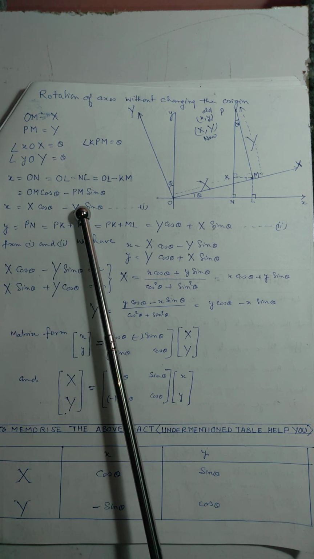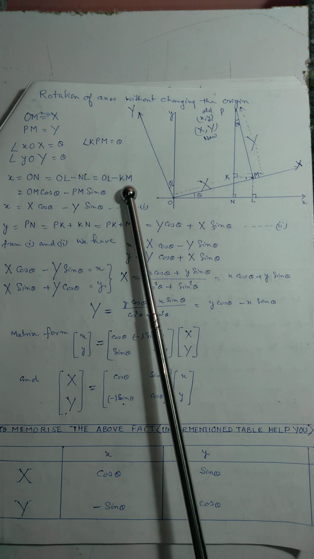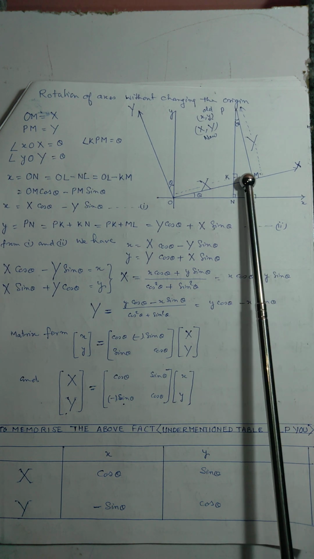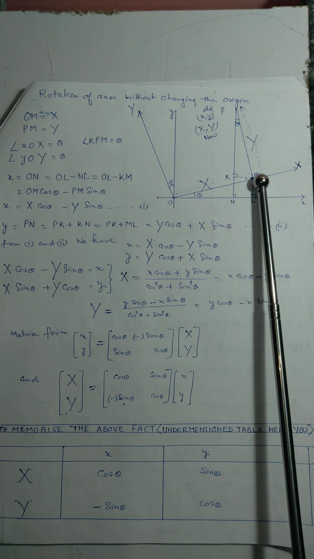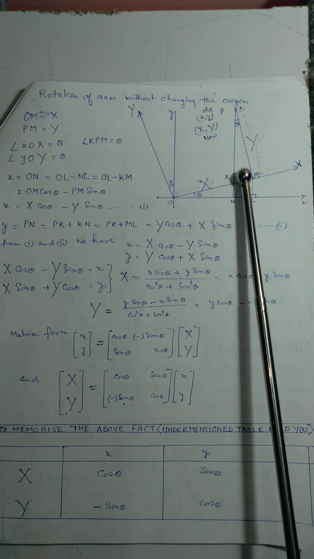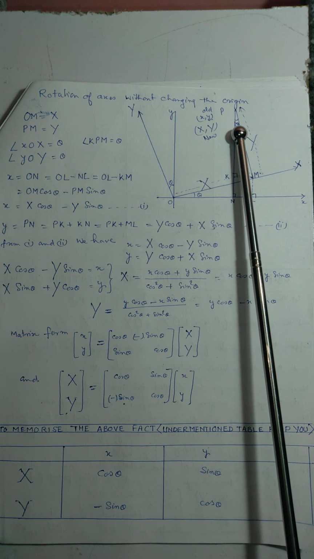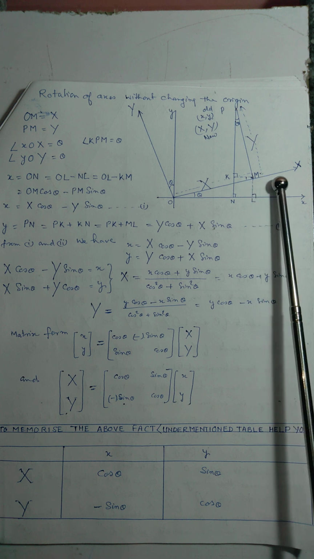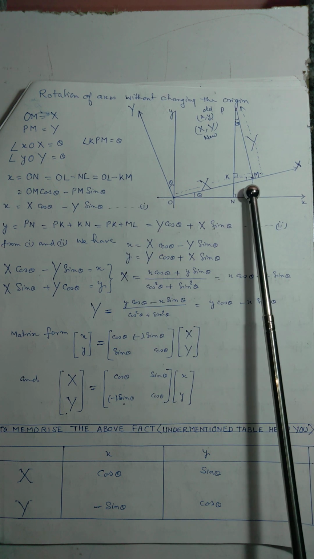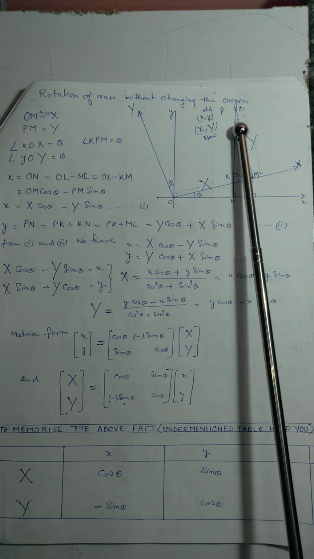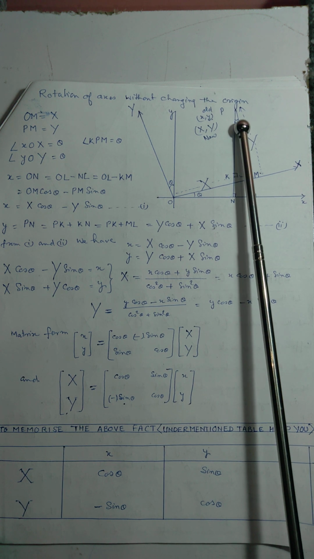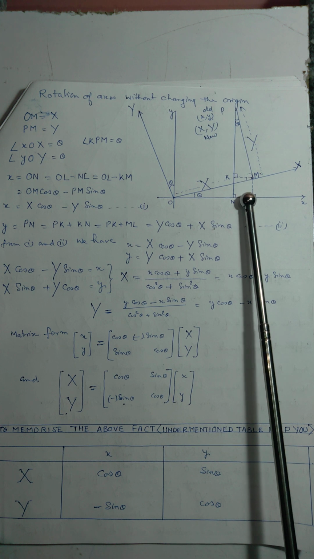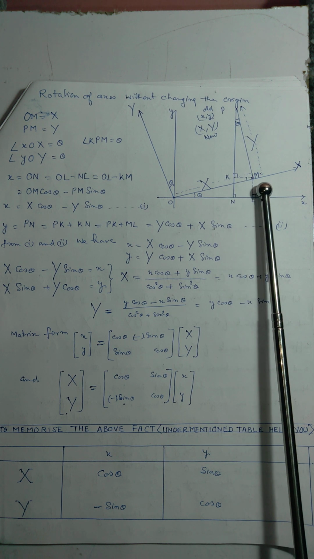Now proceed to KM. You see in this triangle KM, MKP is 90 degrees, and this angle at P is theta. KM is the opposite side to the given angle theta.